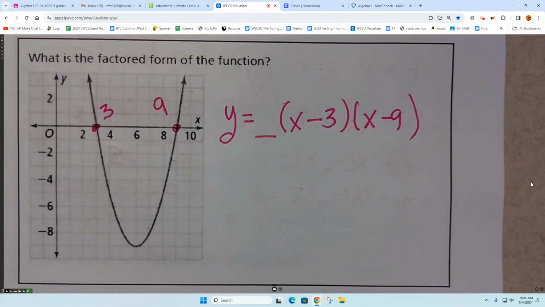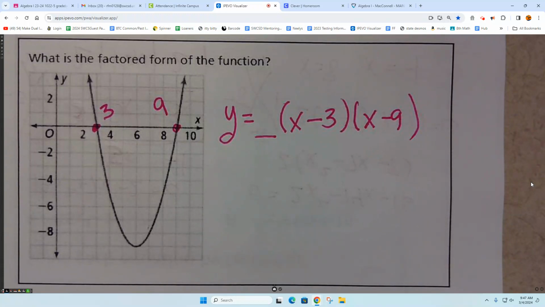So I left space there because I've got to know what my A is. My A could be 5, 10, 30, 1. If it's 1, I'm done. Anytime we're missing a value, we plug in a value we know, and it'll tell us what that other value is. Tell me a value that we know from this graph. We can't use the zeros because that makes everything just disappear.